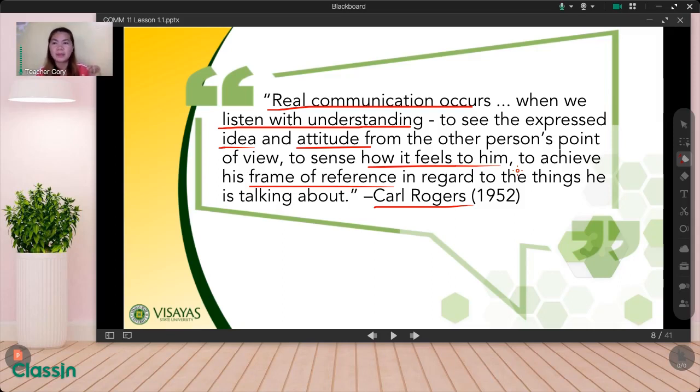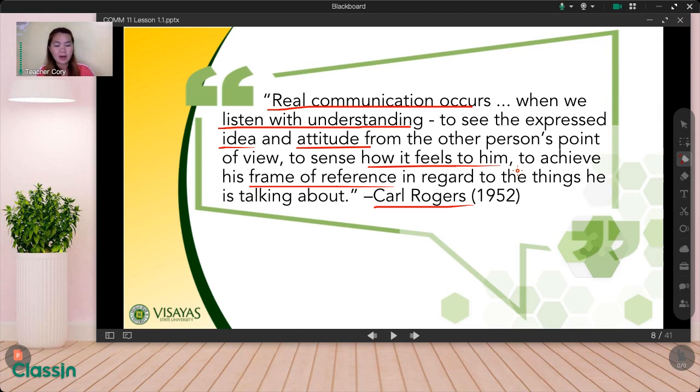Real communication is taking place if we don't only decode what the person is saying, we interpret it and we understand it. We understand what the sense is, what is the intention of the speaker. So it's not only the message itself, it's beyond that. What is the intention?